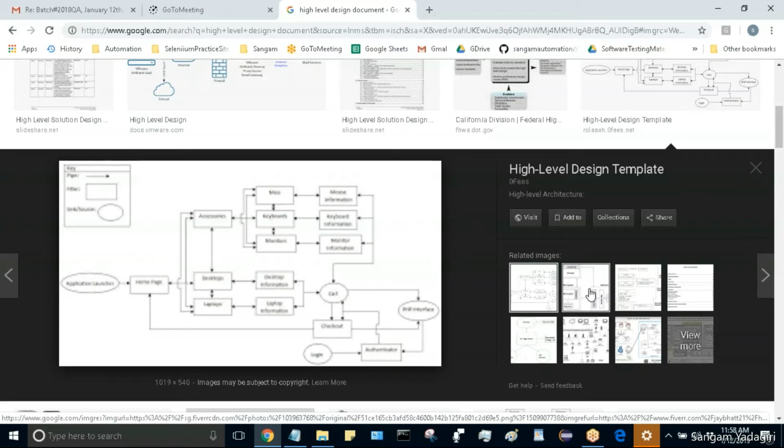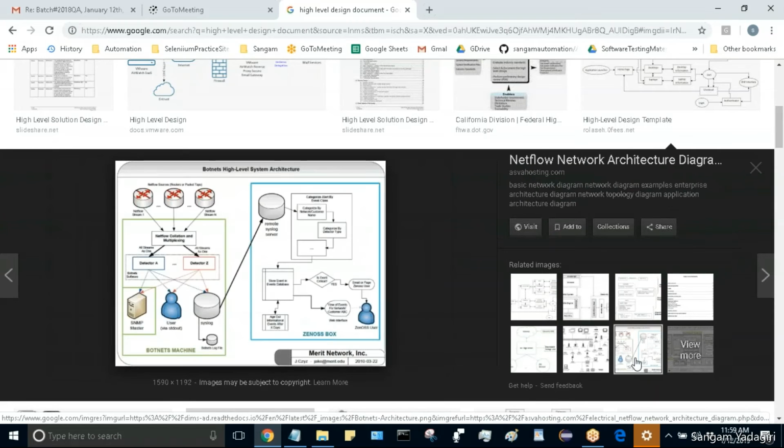Okay, so this is also a good example. It projects the high level design: what the user will do, and if it goes in this direction, what it will do, like storing in databases. So this is purely overall how it would look like.